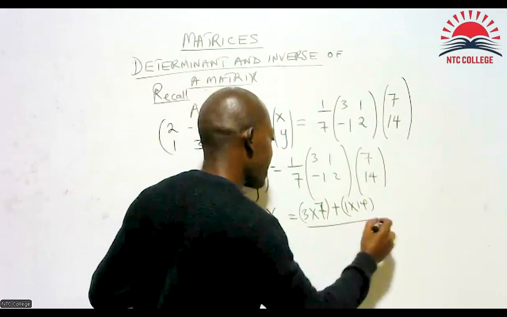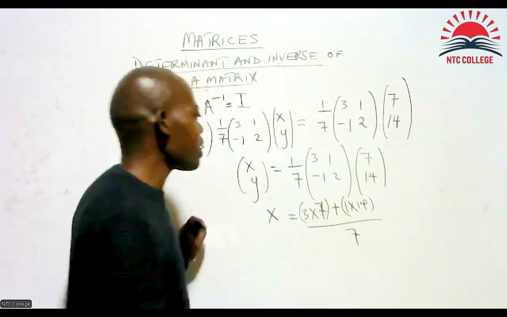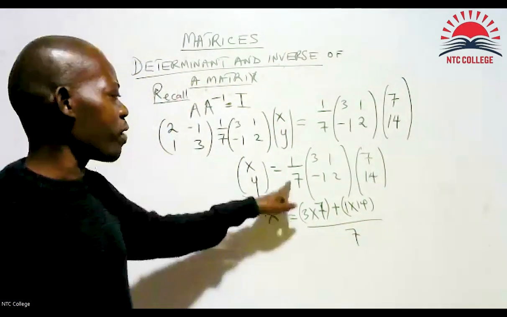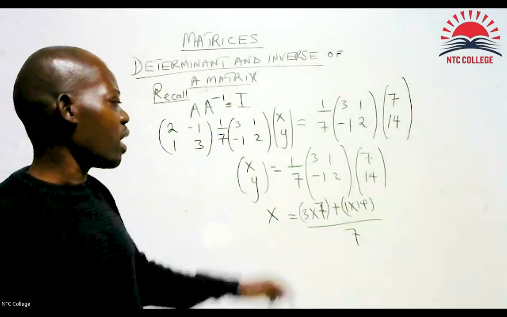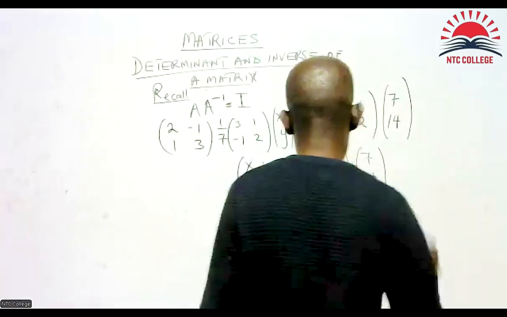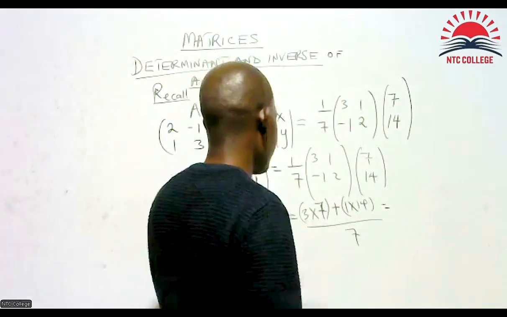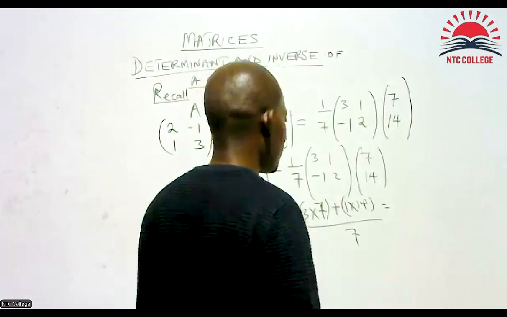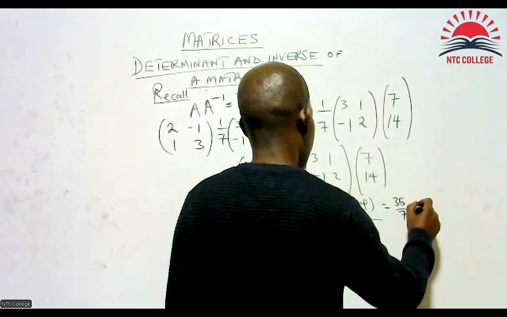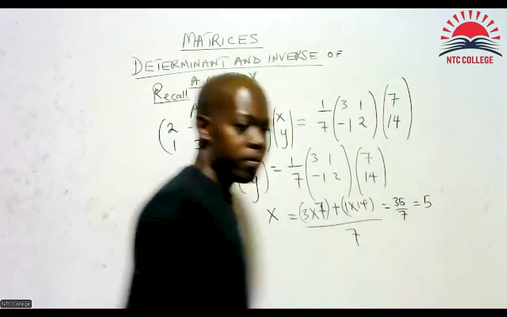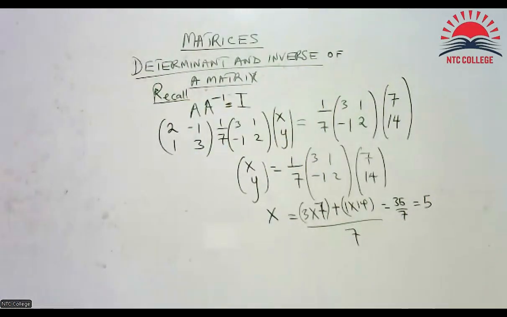All is divided by 7, because, remember, 1 all over 7 is outside the bracket. So I'm just simplifying, and this gives me 3 times 7 is 21, plus 14 is 35. Divide by 7, the value of x is 5. The value of x obtained is 5 when you work out that.